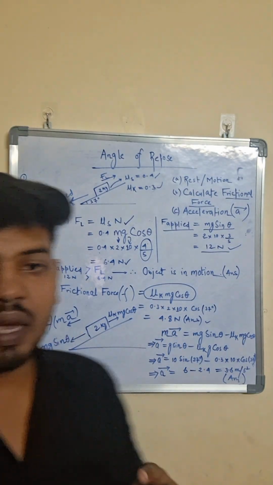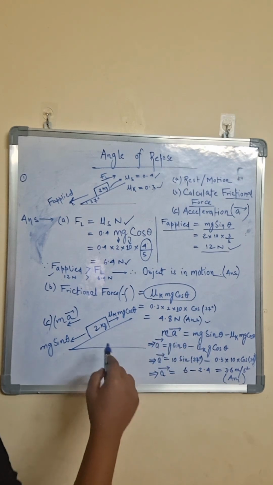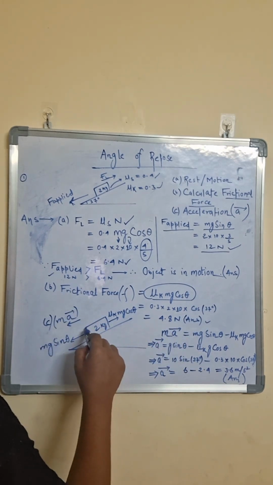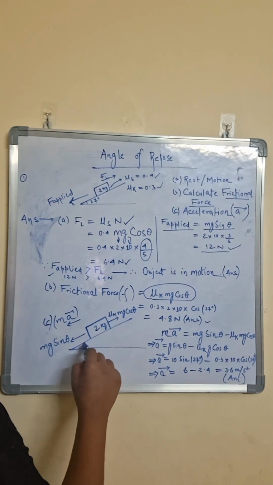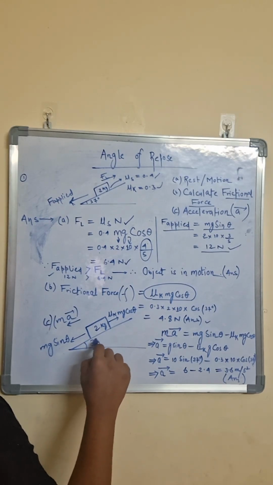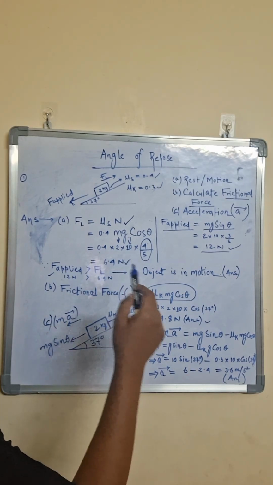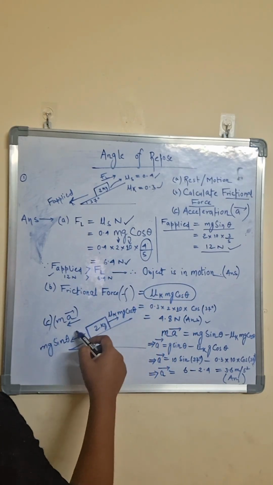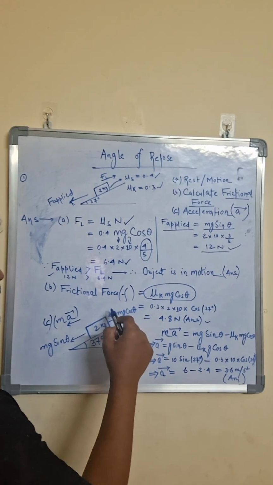Now for taking out the acceleration, we will be drawing the FBD diagram of this block. We are taking the block on the plane of 2 kg mass and the angle is 37 degrees. Now if we draw the FBD diagram, the block will be opposed by mu k mg cos theta.